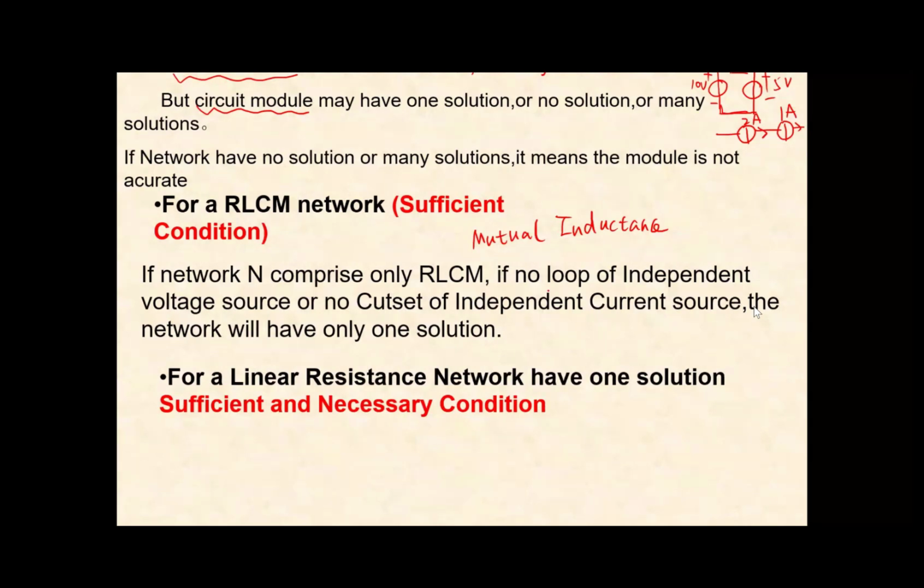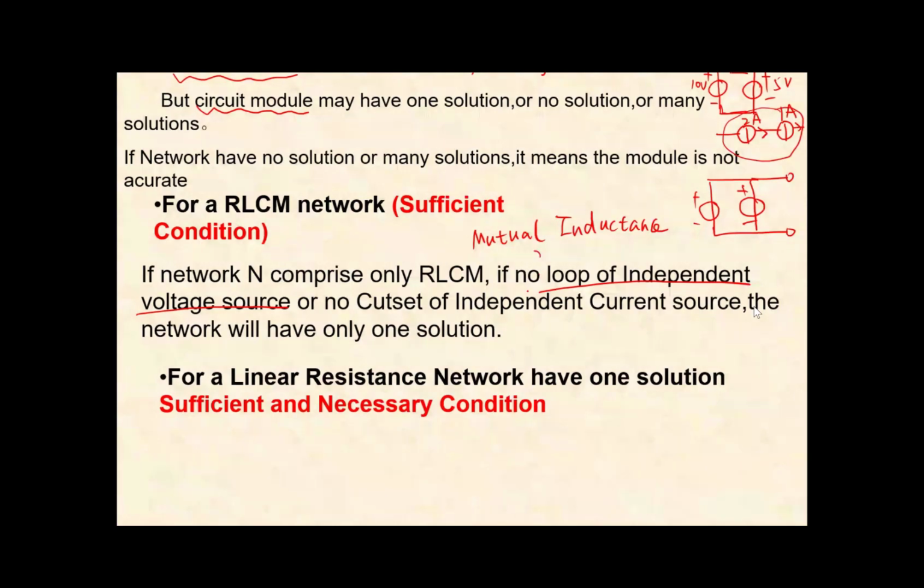What is a loop of independent voltage source? So this loop of voltage source, this will be a cut set of current source. If there's none, then there will be only one solution. If there's such a loop or such a cut set, there will be many solutions.